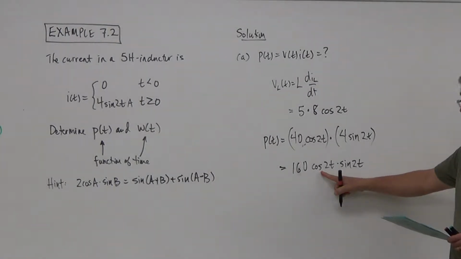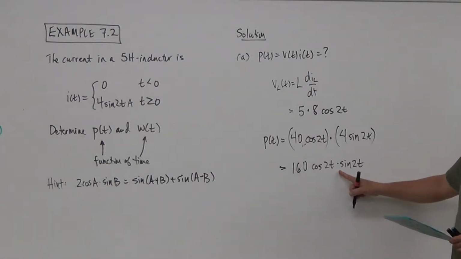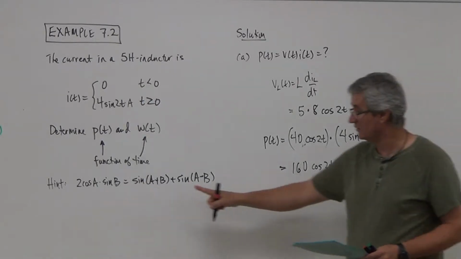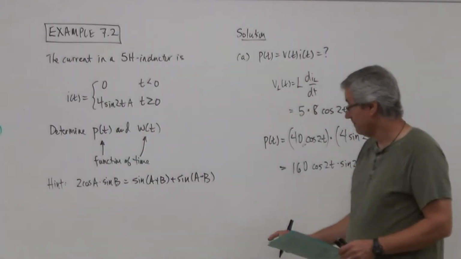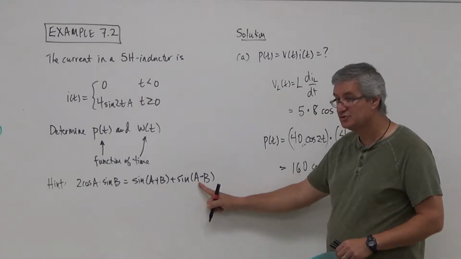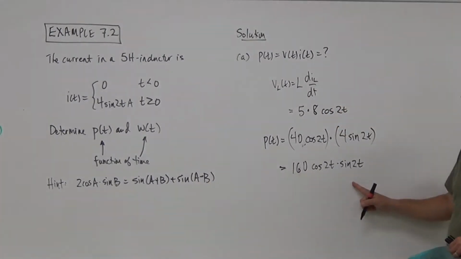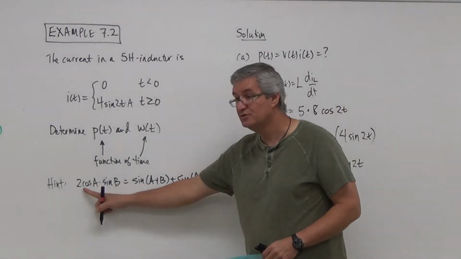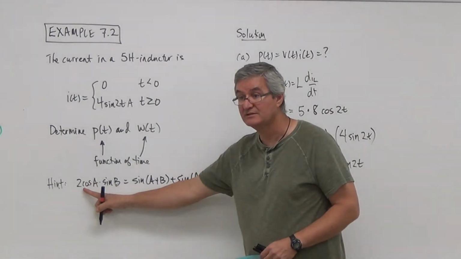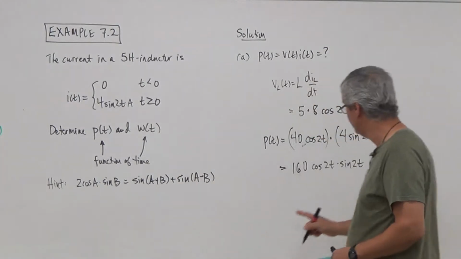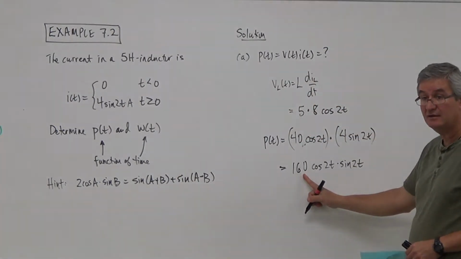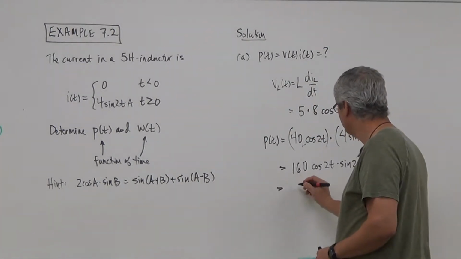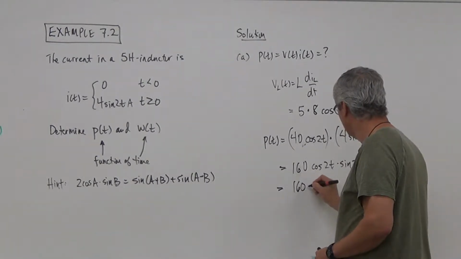I have cosine of A, sine of B. So you can see that there's a term here that's going to cancel out because I have the same argument. So that means I have a 2 factor that I have to pull out. If I pull out this 2 factor, this goes to 80, so this should give me 160.